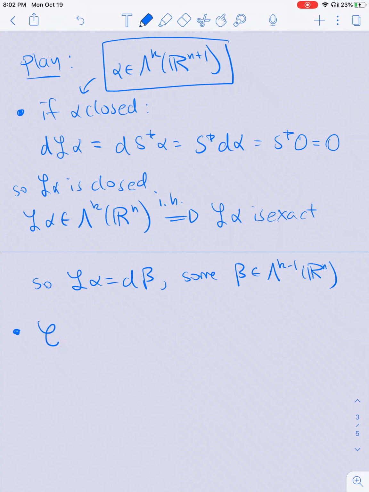Now let's consider CL alpha. CL alpha is C, that's an L, not a C, C d beta. And this is P pullback of d beta. And P pullback of d beta is d P pullback of beta, which is exact.